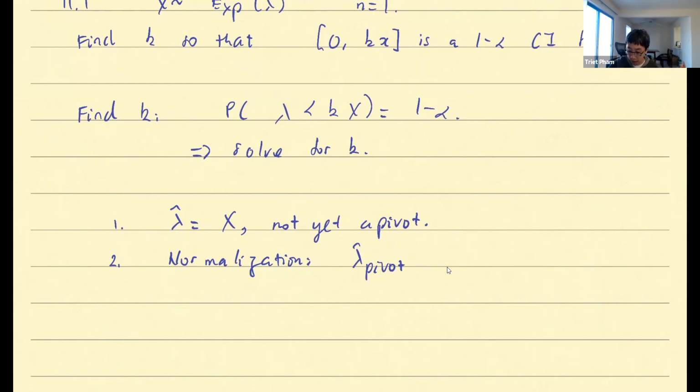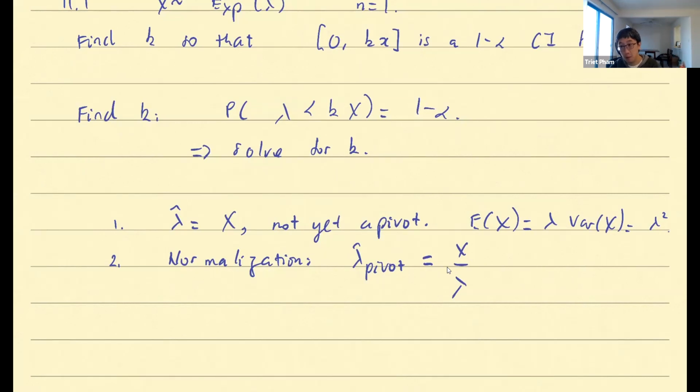Let me give you a hint, right? What's the expectation of x? What's the variance of x? Yeah. What's the natural pivoting? What's the natural normalization? X over lambda. Do you see that?